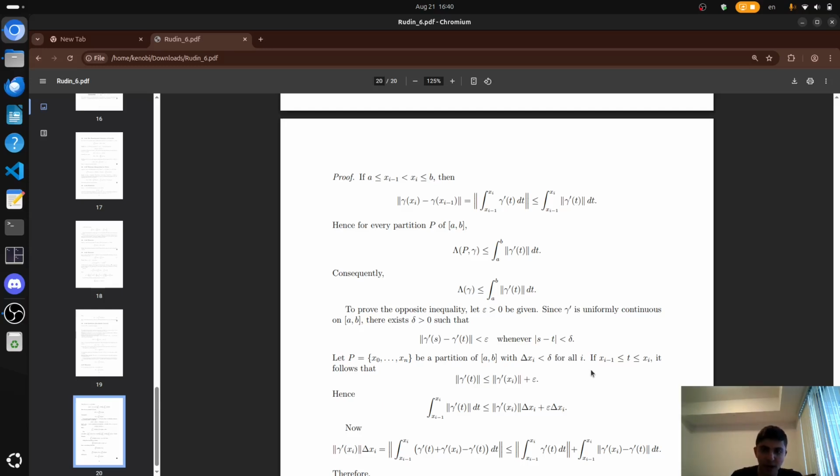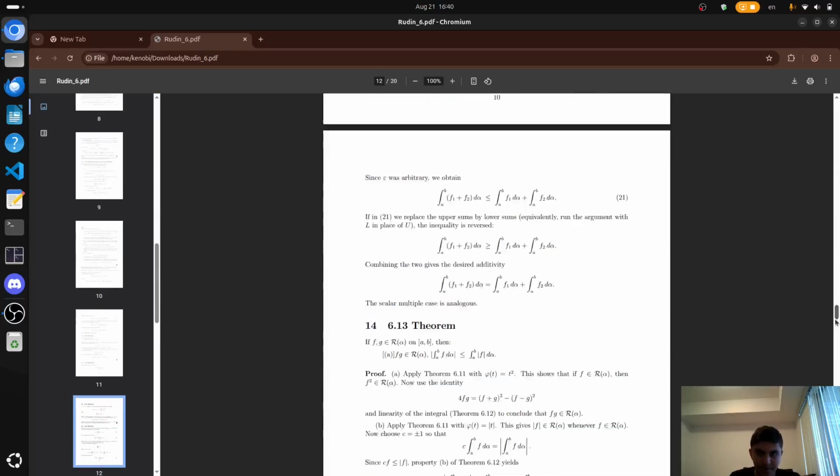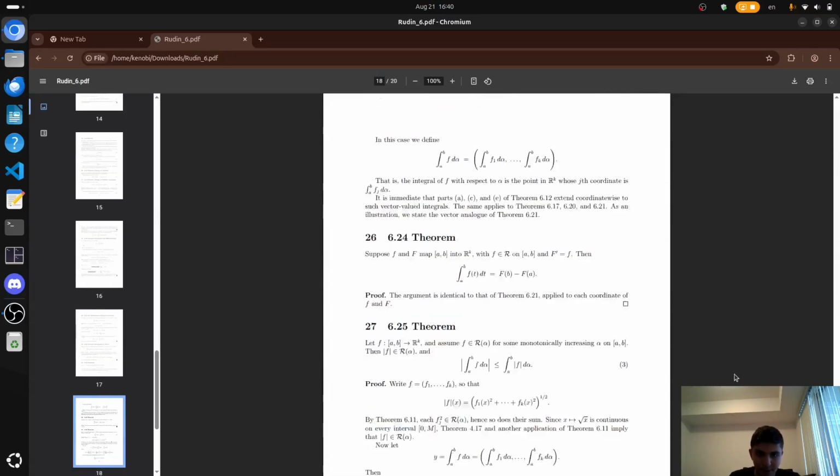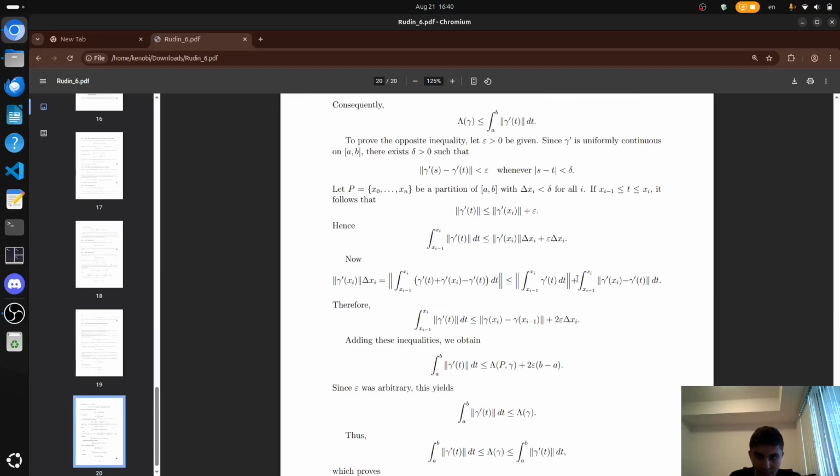Notice the reason why we chose delta x_i less than delta over here is that you can take this to the other side and say the absolute value of gamma prime of t minus the absolute value of gamma prime of x_i, which is analogous to the absolute value of gamma prime of s minus gamma prime of t.